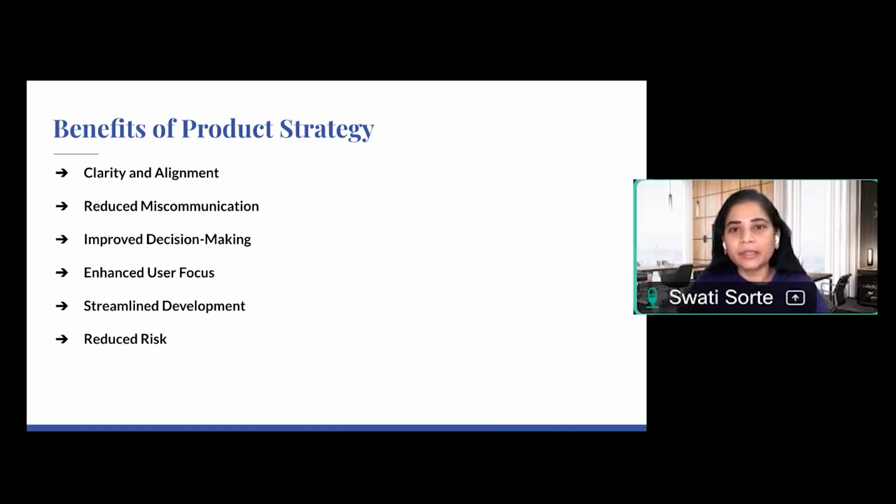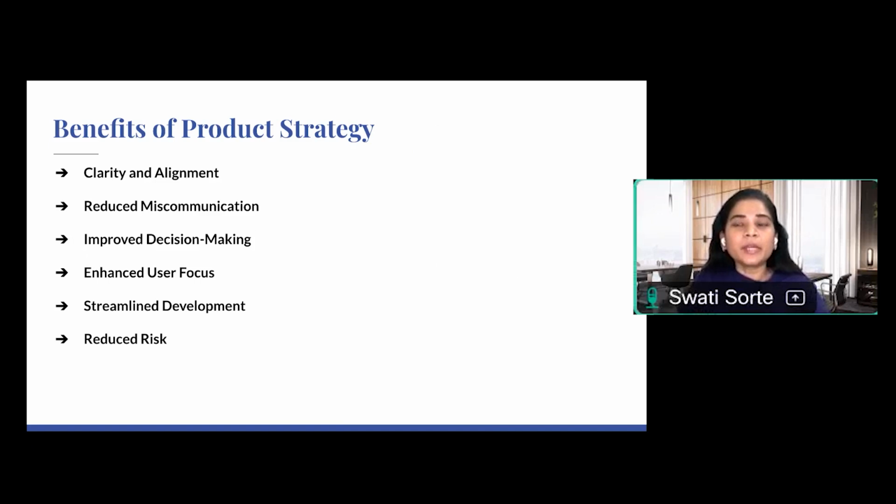But of course, having a well-defined strategy provides a multitude of benefits. So let's explore some of the key advantages that companies might gain. First is fostering clarity and alignment. Every product strategy has to pass through multiple stakeholders, and a PM is pulled in multiple directions when building a strategy.